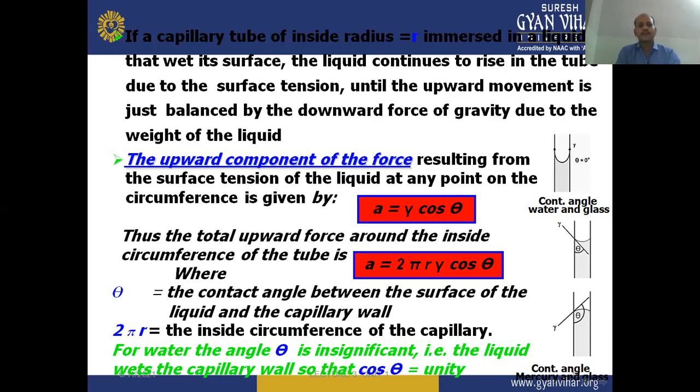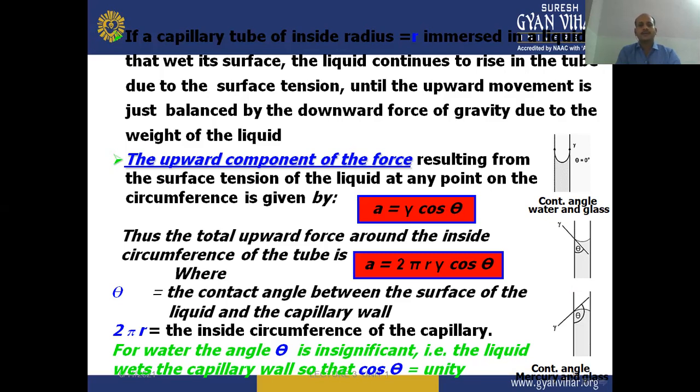Now, the upward component of the force resulting from the surface tension of the liquid at any point on the circumference is given by gamma cos theta.